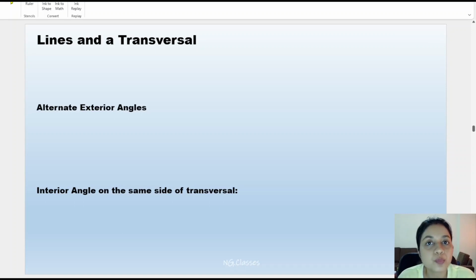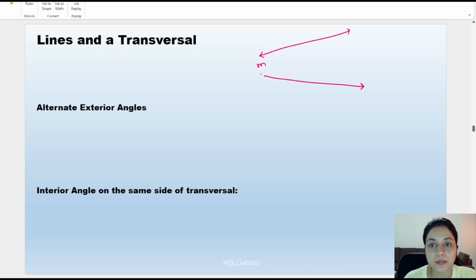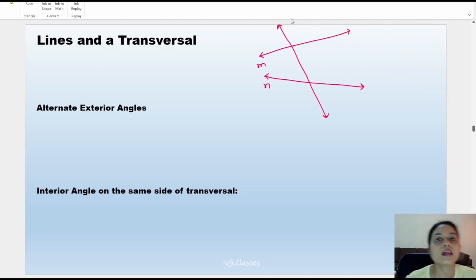Now let's see a few more concepts. So whenever two or more lines, let's say line M and line N, are getting intersected by another line, just like this, let's say it's line L, then here L is called a transversal.